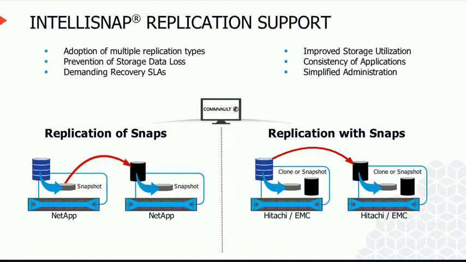From here, CommVault can create and manage consistent clone or snapshot copies in the production and disaster recovery site. CommVault currently supports EMC VMAX storage running SRDF replication and HDS block-level arrays running Hitachi TrueCopy and Hitachi Universal Replicator.